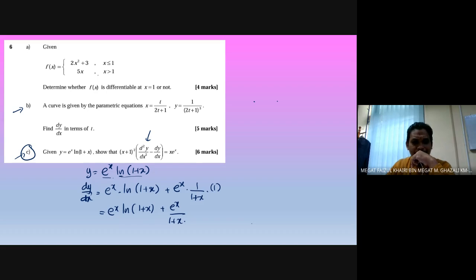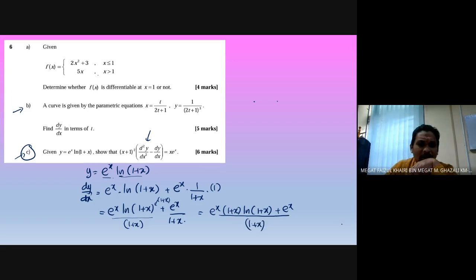Okay, so class, if we would like to simplify this, just imagine that we multiply this with 1 plus x here and also multiply this with 1 plus x. So it gives you e to the power of x, (1 plus x), natural log of 1 plus x, plus e^x divided by 1 plus x.